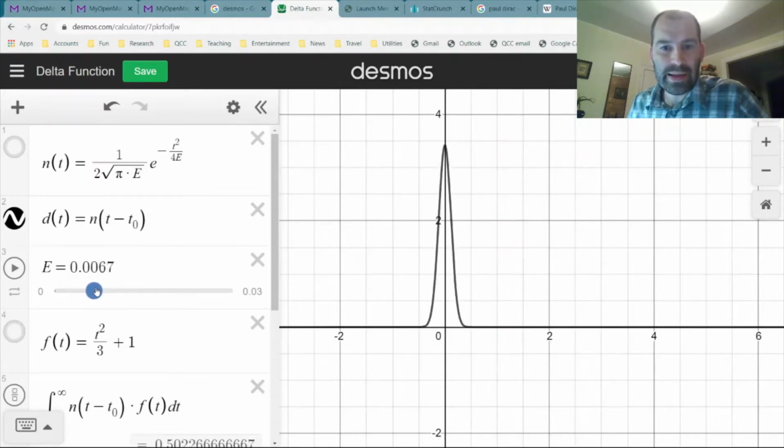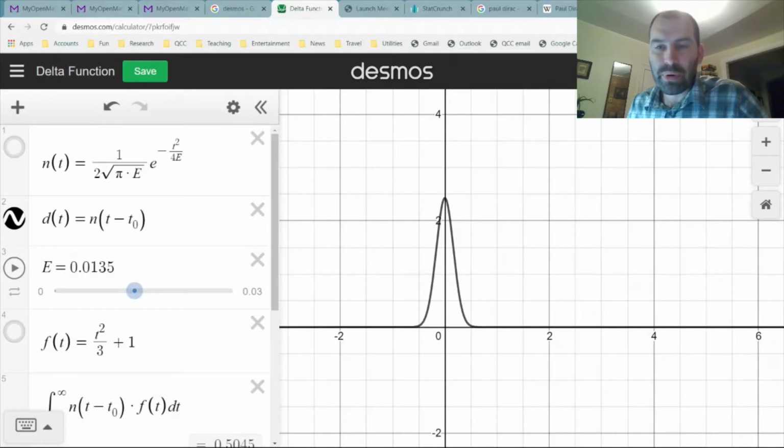And it needs, as I said, if it gets thinner, it needs to get taller in order to retain an area of 1 under the curve. And as I let that E go to 0, it just kind of approaches that spike that I'm thinking about. So the Dirac delta is the limit as epsilon goes to 0. It's that spike.